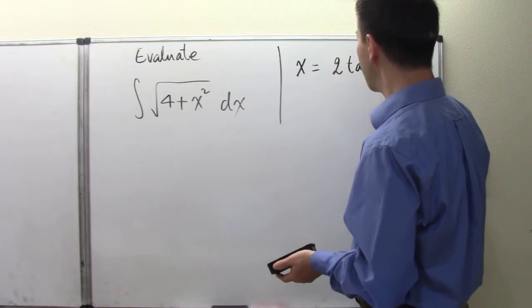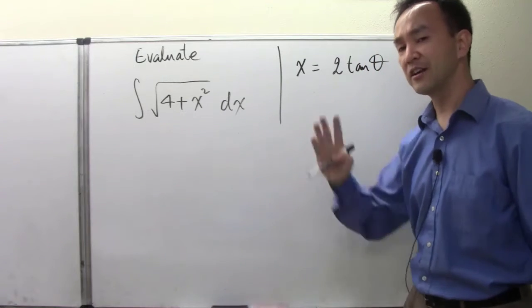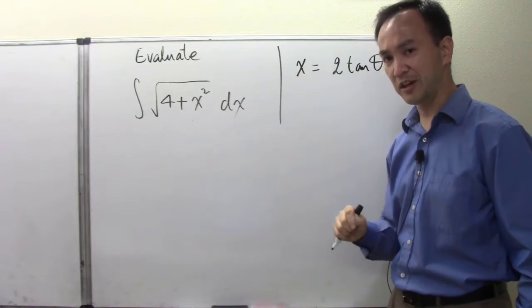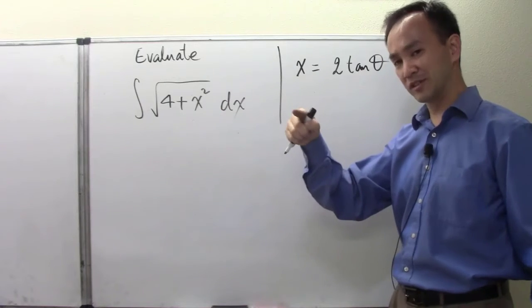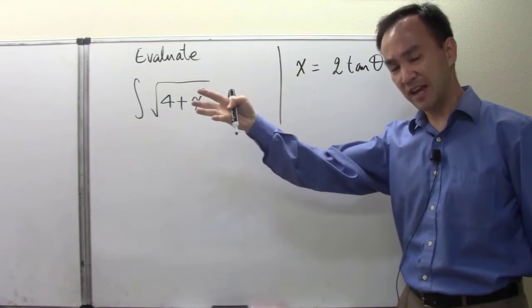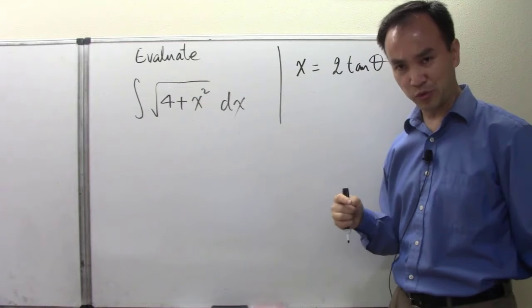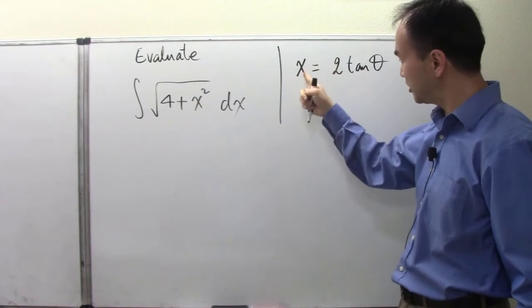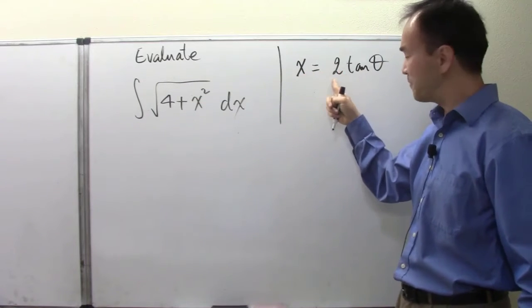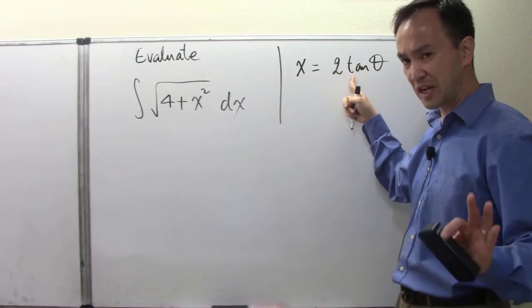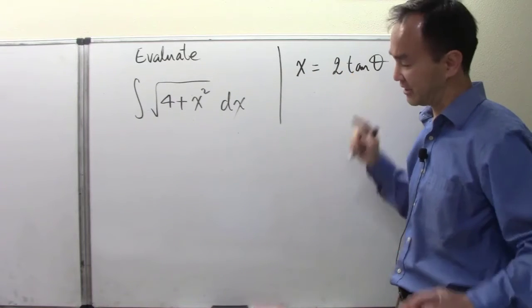So instead of sine, like I did in the earlier case, x equals a times sine of theta, like all of those problems we did in example 1, here I'm substituting x equal 2 times tangent. So I'm using tangent this time, primarily as the style here.